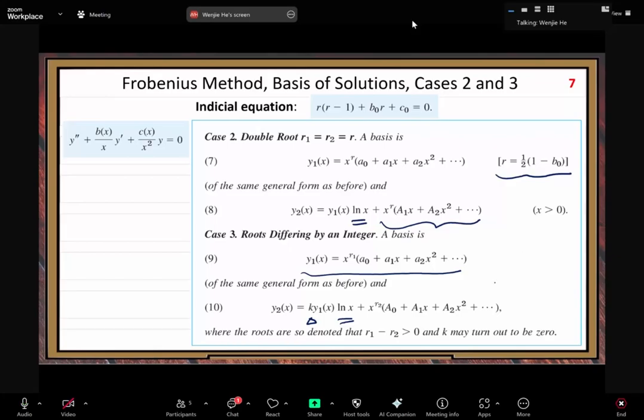Let's write this way: this number equals K. Then for R2, you determine another set of coefficients. So that's the Frobenius method, cases 1, 2, 3.